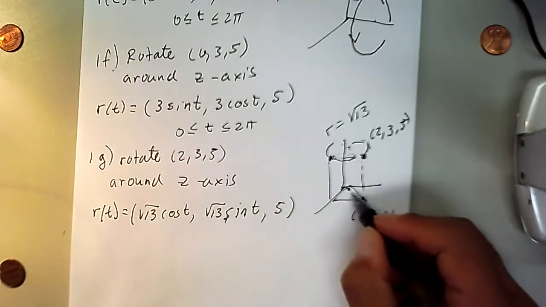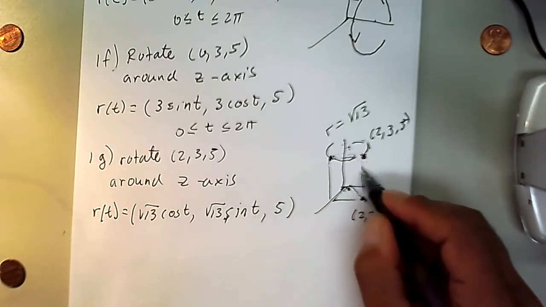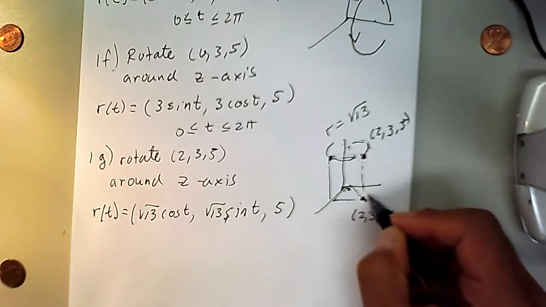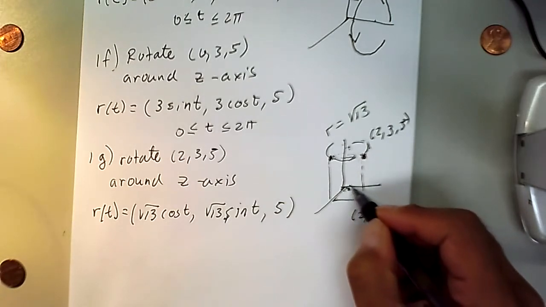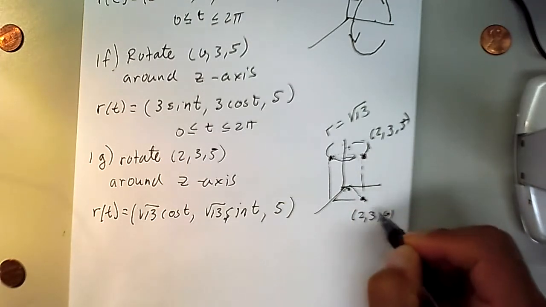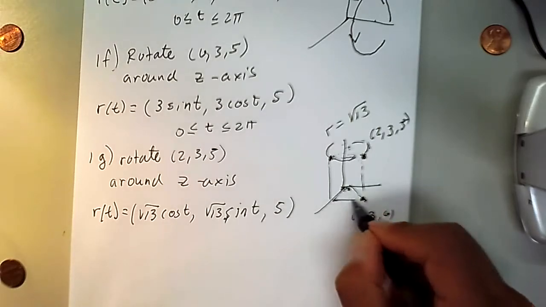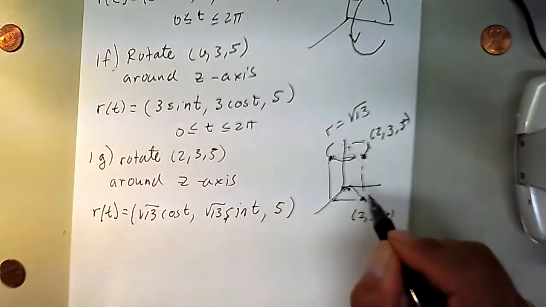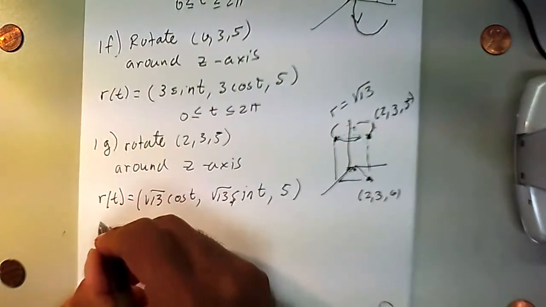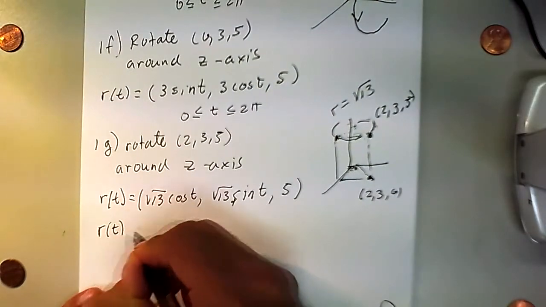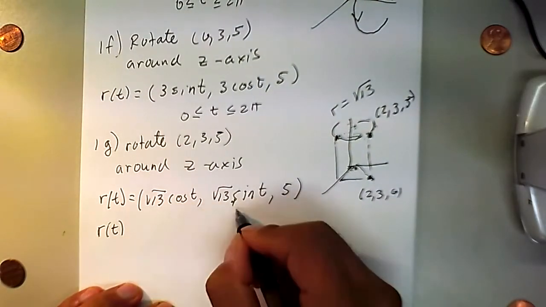Let's see, this angle on the bottom that corresponds to this point up here would have an arc tangent of 3 over 2. So if we want to shift, we would have to do this. Okay, so this will do.